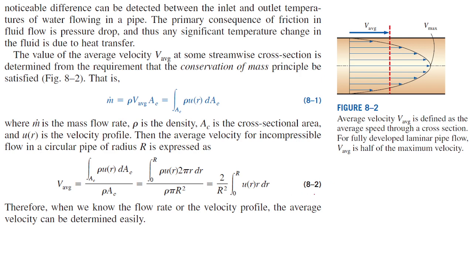Mass is represented by m. Here mass flow rate we represent with m dot. The formula is rho, V average, and A, the area of the cross section.